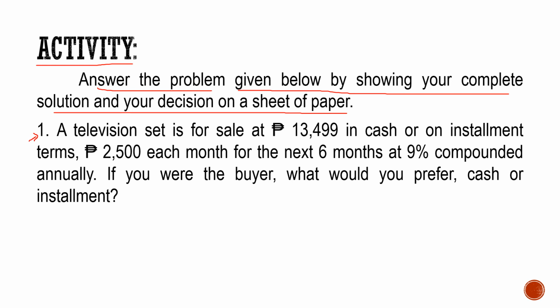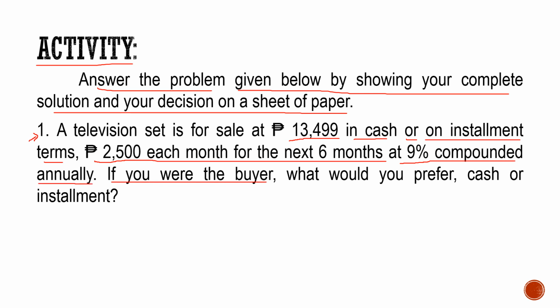A television set is for sale at 13,499 pesos in cash, or on installment terms of 2,500 each month for the next 6 months at 9% compounded annually.